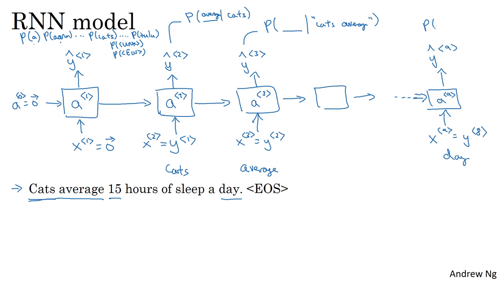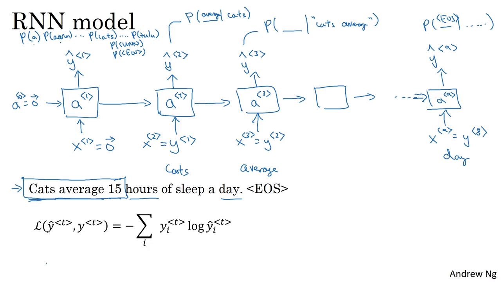So what's the chance of whatever it is given, everything that's come before, and hopefully you'll predict that there's a high chance of an EOS end of sentence token. But so each step in the RNN will look at some set of preceding words, such as given the first 3 words, what is the distribution over the next word. And so this RNN learns to predict one word at a time, going from left to right.